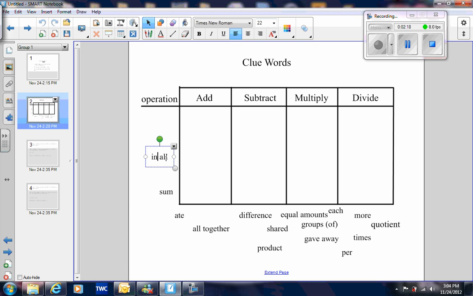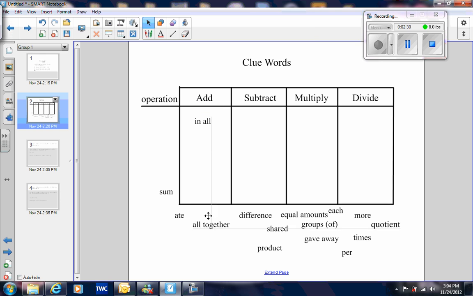So if you take in all, that's an opportunity to add everything that's in there all together, just like in all. Take everything that you have and put it all together. Ate is something that you would, maybe you had a certain number of donuts, then you ate 2, so you would have to subtract those 2 that you ate.